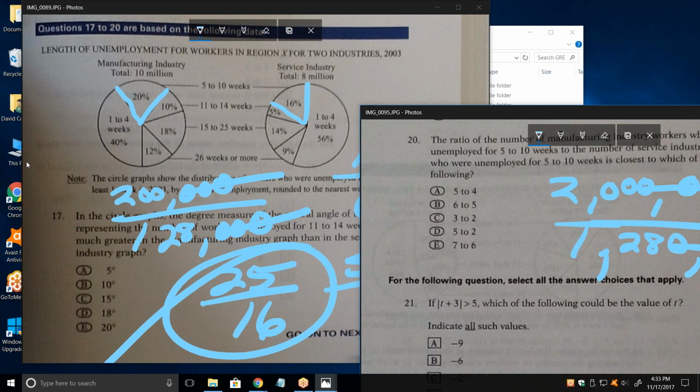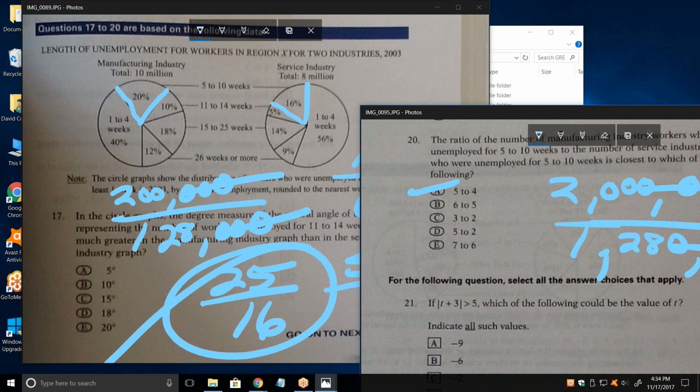If we did just the percentages, then we would get 5 to 4. So I guess if I was taking the test, I would say, okay, I'll put the ratio of the percentages and come up with this answer.